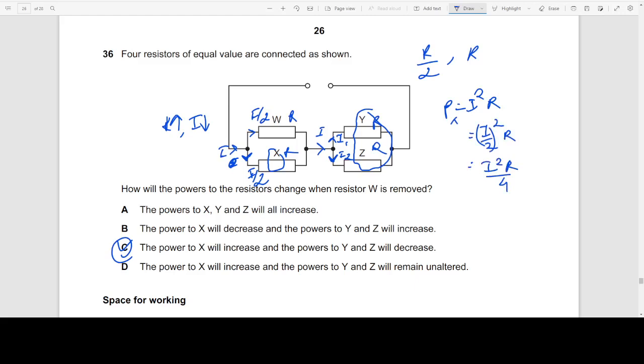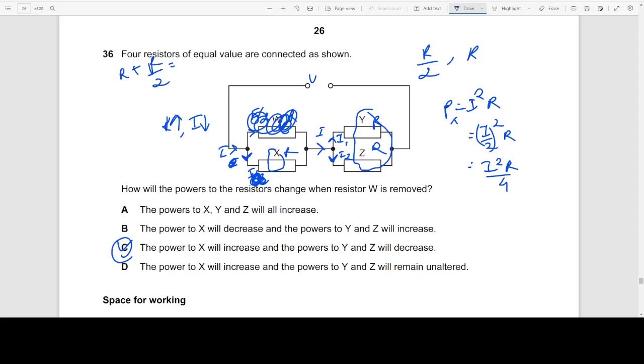But now we don't have this branch, and the total resistance of the circuit, let's say this voltage is V, the total resistance of the circuit would be R plus R upon 2, which is I guess 3 upon 2R.